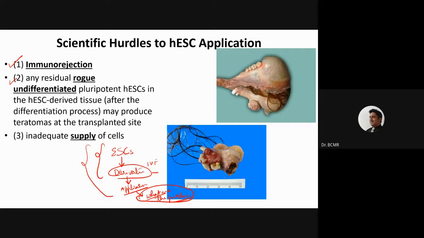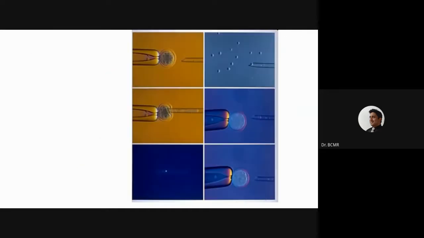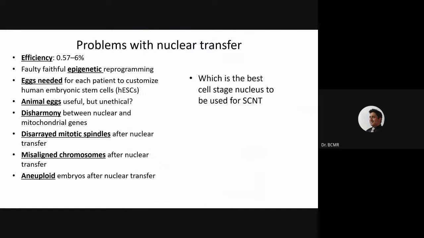We also learned about the problems with rogue undifferentiated tissues, right? Or the embryonic stem cells, which may actually cause teratomas like this. Anyway, continuing with SCNT, we saw that SCNT is powerful, but at the same time it has its own technical and biological issues.